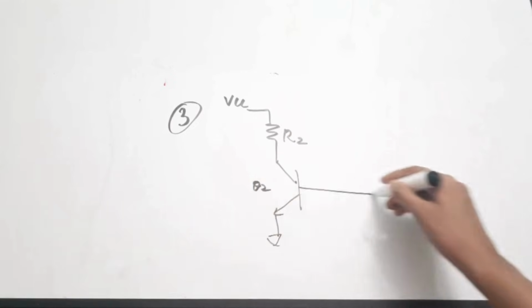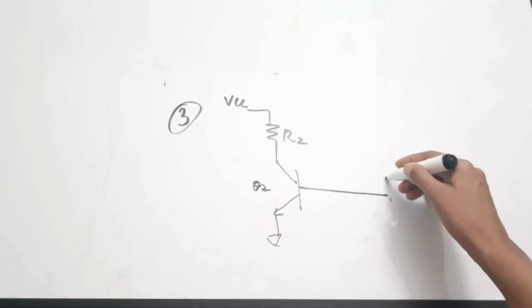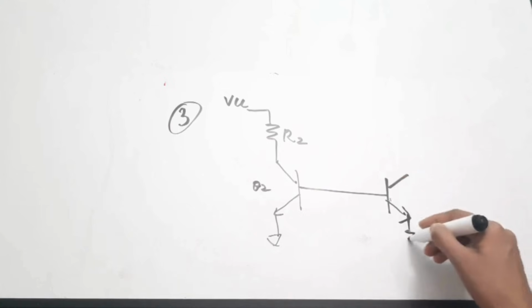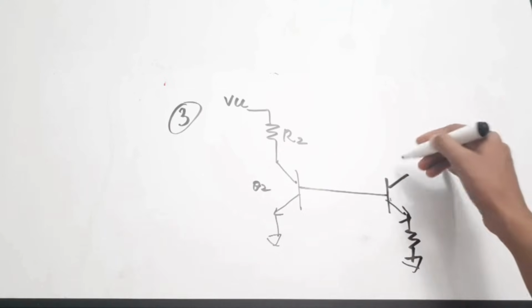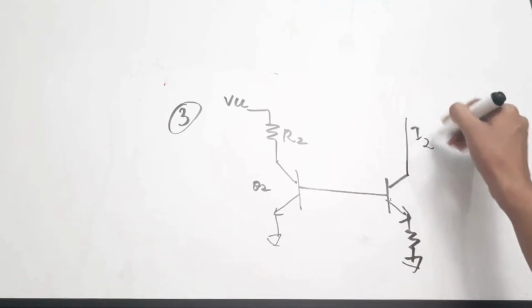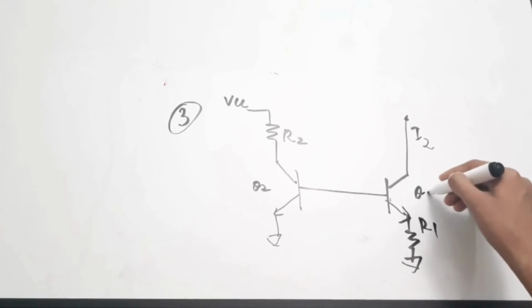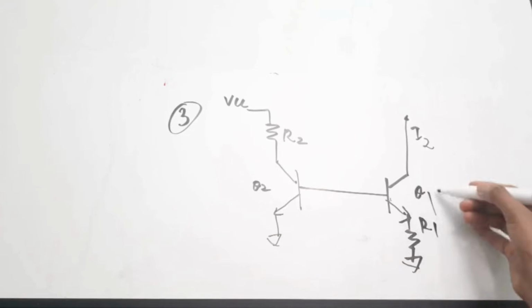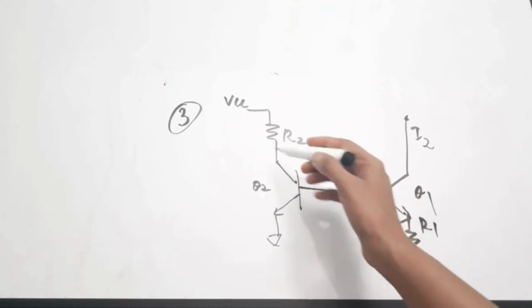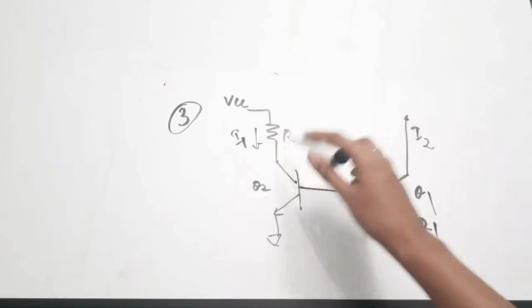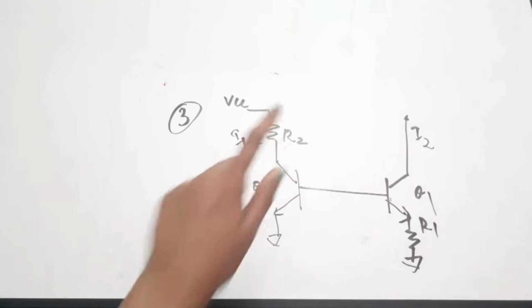If you have seen the amplifiers video, this is a current mirror circuit actually. This is I2, this is R1, this is Q1, this is Q2, this is R2. The current here is I1, right? This is VCC, this is R2. You need to find the value for R2.